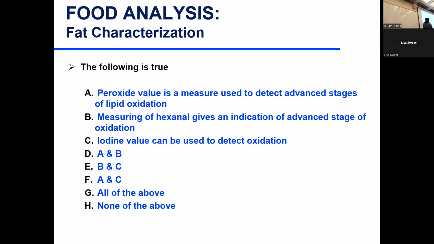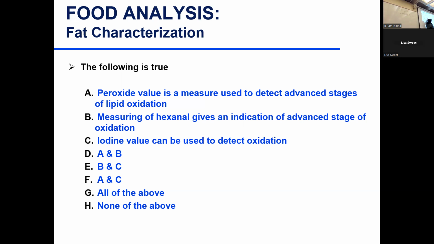Iodine value can be used to detect oxidation. I don't think you're going to know this, but let's see if you can tell me if A is true or false. Try to remember what you learned about lipid oxidation. What's the first metabolite of lipid oxidation? First class of metabolites: peroxides. So they are the first metabolites.